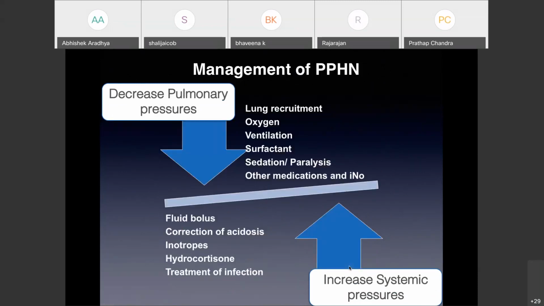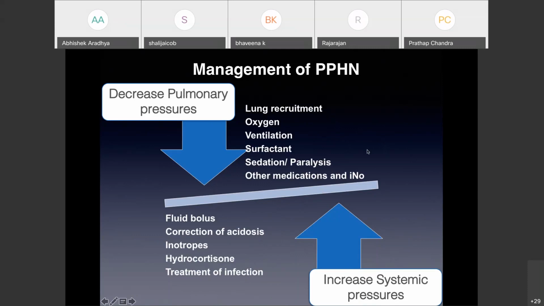The way you reduce the pulmonary artery pressures is by having fantastic lung recruitment. If you don't recruit your lungs, your management fails. Whatever you do will not work if the lung recruitment is not good.